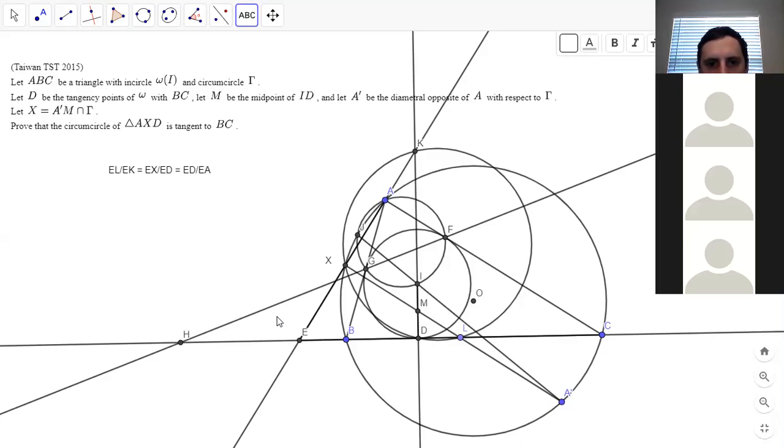I kind of like projecting through A. Midpoint of ID, hard to see. Midpoint of ID goes to where? When projecting through A, the midpoint of ID goes to F. No, we don't know where it goes, so that's the problem. Okay.